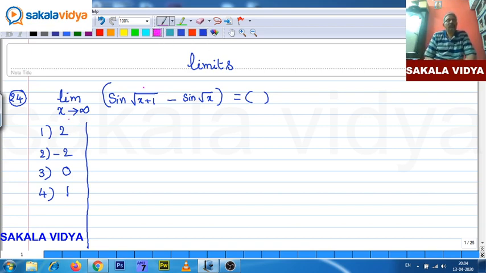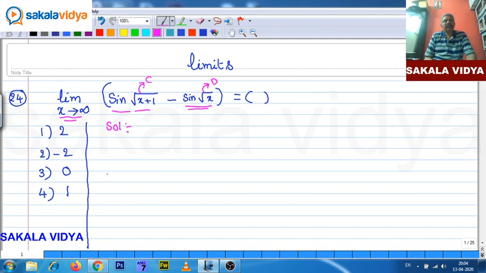Limit x tends to infinity, sine of root over x plus 1 minus sine of root x. So this can be done using the sin c minus sin d formula. Let us say this is c, this is d.